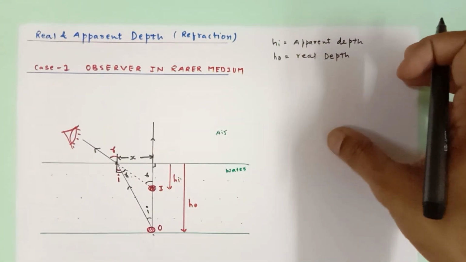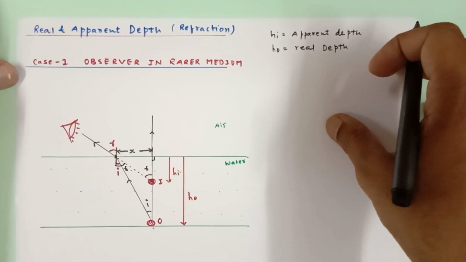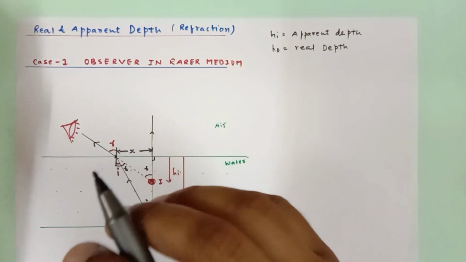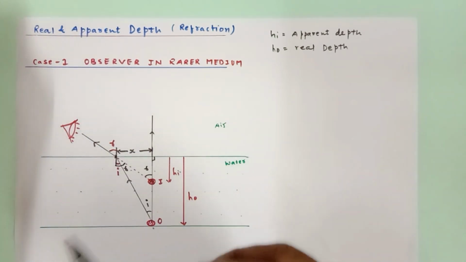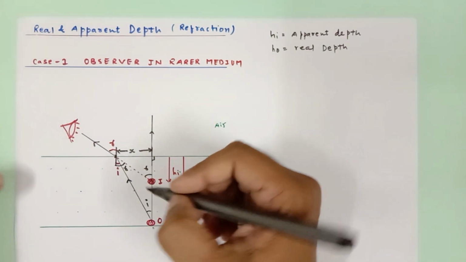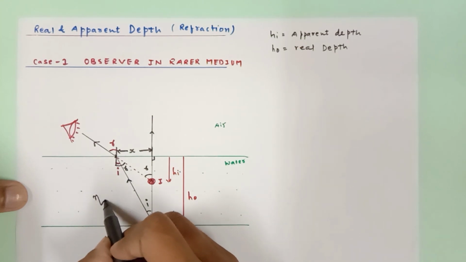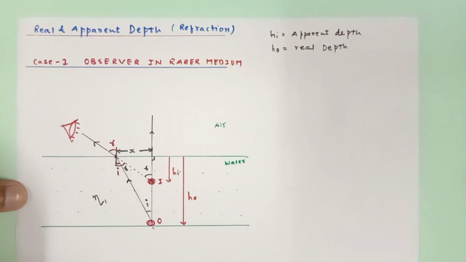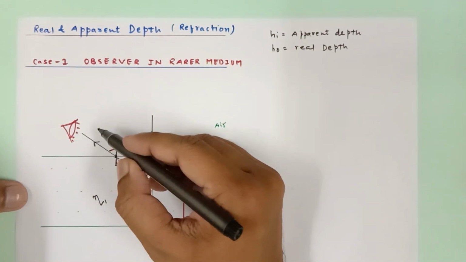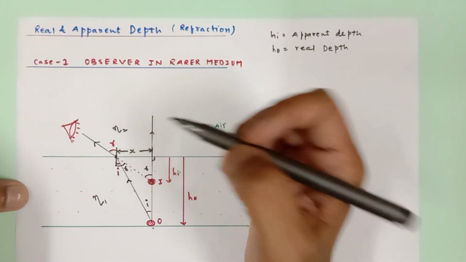Correct, people? Okay. Now let me tell you how to write the refractive indexes. Just remember one thing in the entire ray optics chapter: wherever you find the incident ray, that medium will be referred to as medium number 1 and its refractive index should be taken as eta 1. Wherever you find the refracted ray, that medium is medium number 2 and its refractive index is referred to as mu 2 or eta 2.